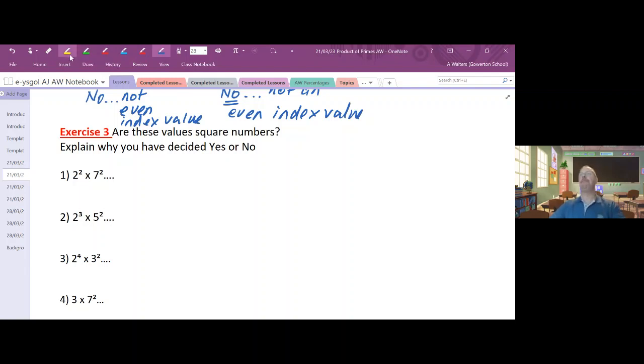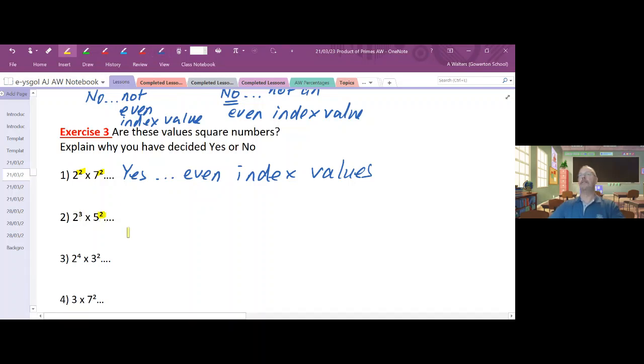So you've tried those. Powers are both even. So I would say yes, whatever that value is, a squared number, because you would need to say even index values. Right? The index values are 2 and 2. I highlighted them. Question 2.